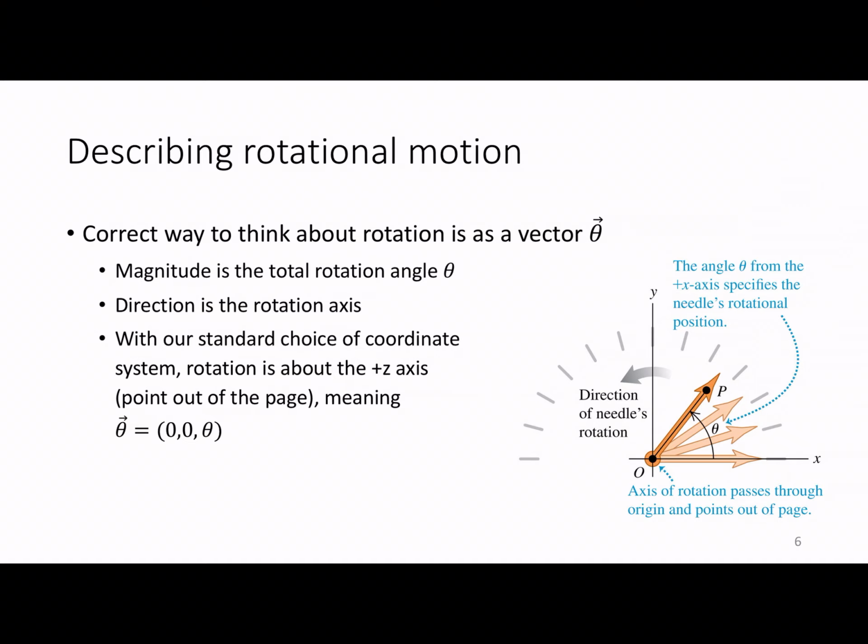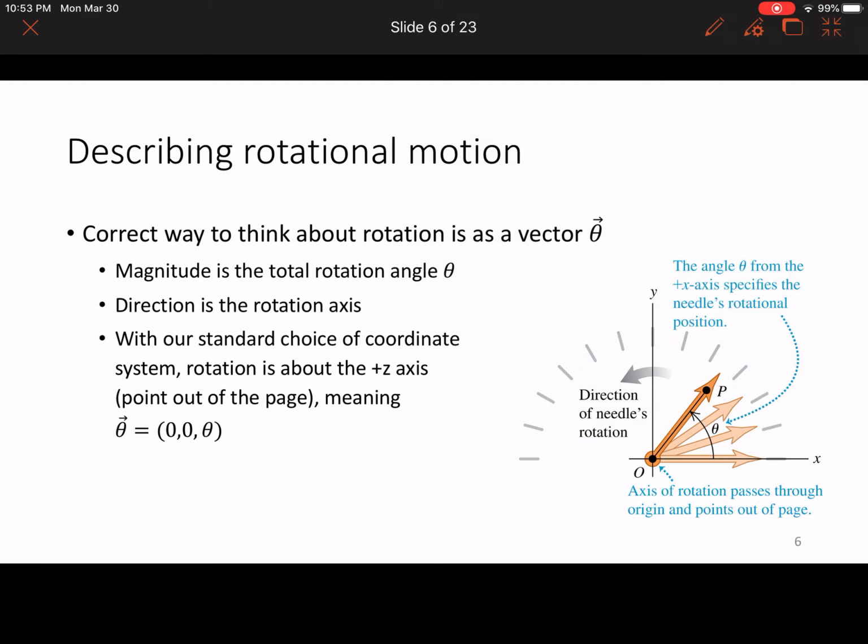And the direction is not going to specify how I've moved. So the direction of theta is not something like this because it's moving up. It's the rotation axis. Okay? So the direction of theta as a vector is the rotation axis.